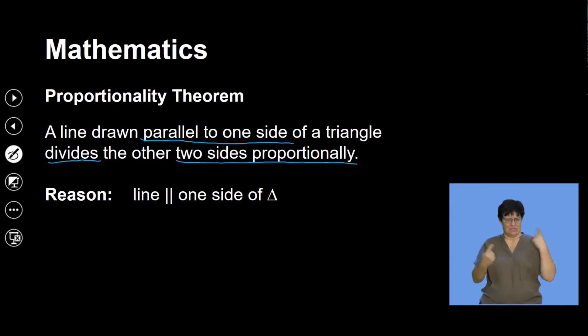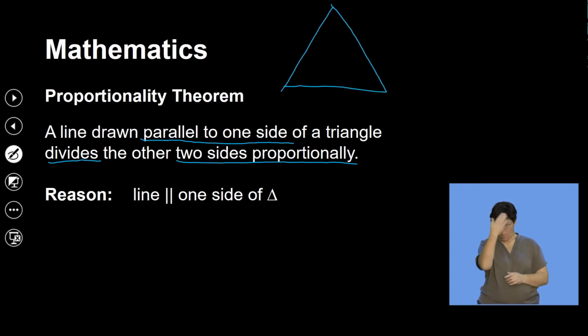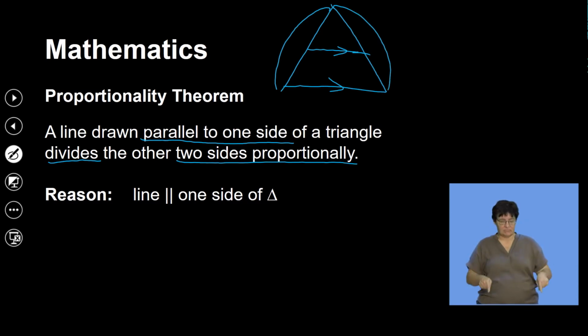So let me draw the diagram and show you what I mean, which I know that you are familiar with. So there's my triangle there. If I draw a line that is parallel to one side of this, the two remaining sides will then be cut in proportion, right?